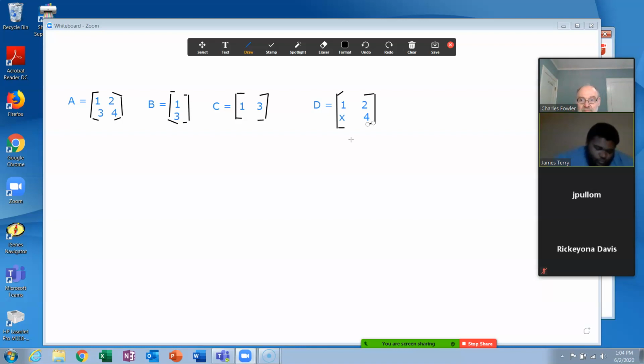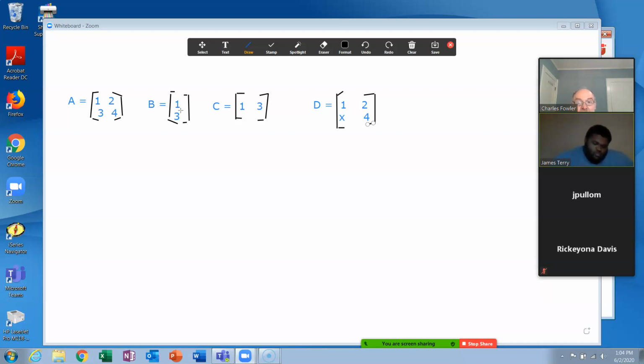Now, let's talk about some names. A, because it has the same number of rows and columns, is called a square matrix. Now, B, because it only has 1 column, no matter how many rows it has, is often called a column vector, or a column matrix.